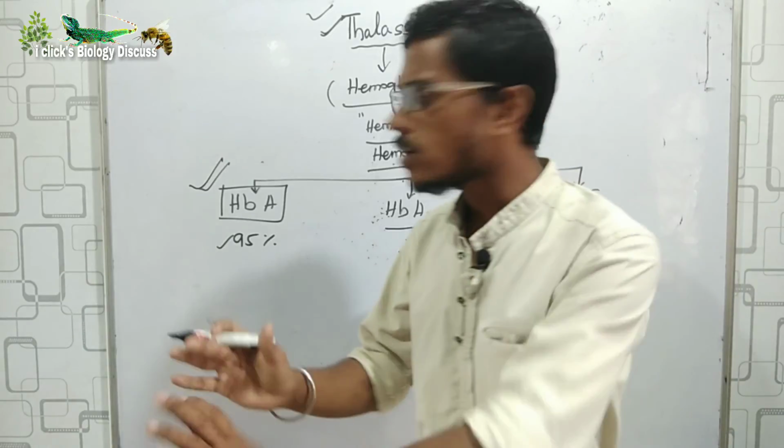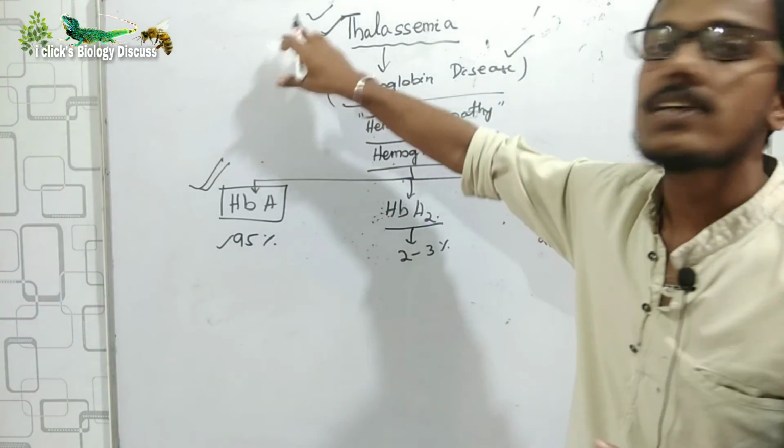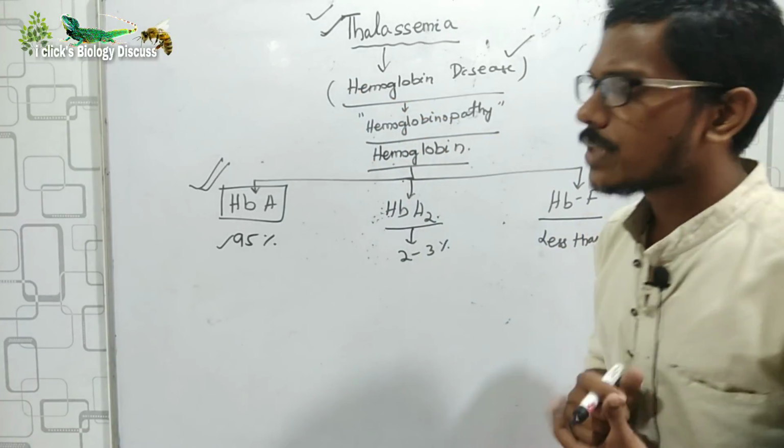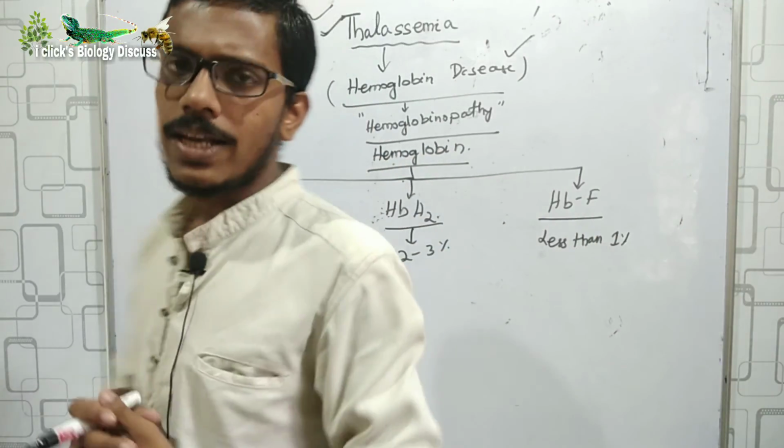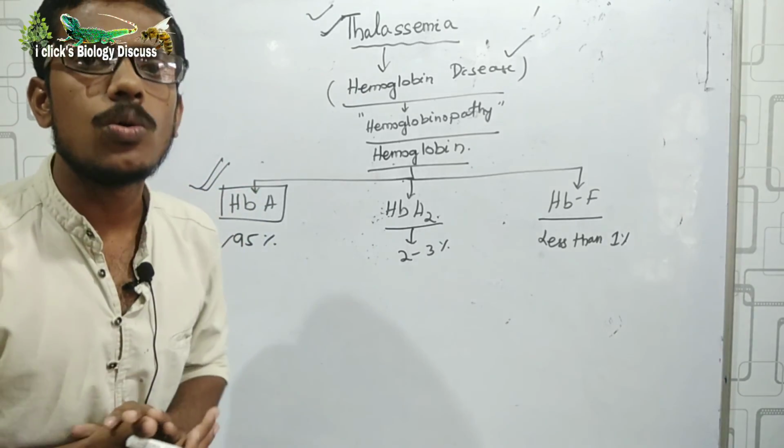If there is any disorder in the synthesis of HbA, it will lead to the thalassemia disorder. Hemoglobin is mainly made up of iron molecules and 4 globin chains.